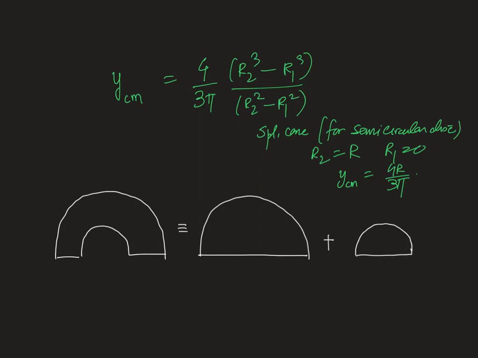So this disc is equivalent to this whole disc minus, or plus, a disc of negative mass in place of the cavity.